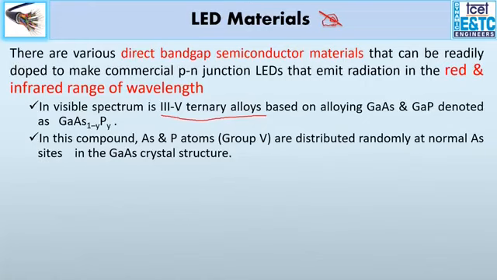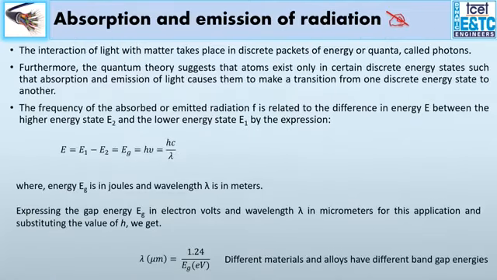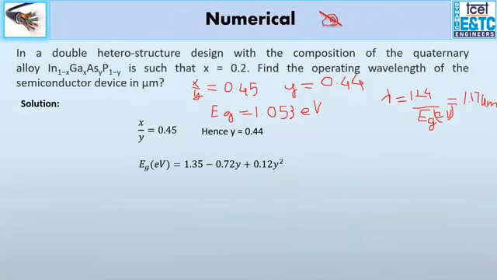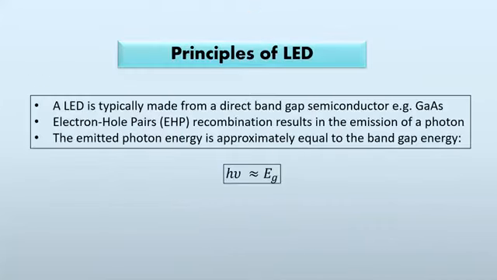Direct band gap materials are the alloys of III-V ternary alloys, and by changing their composition, we can change the energy band gap, and hence decide what wavelength we'll be getting.